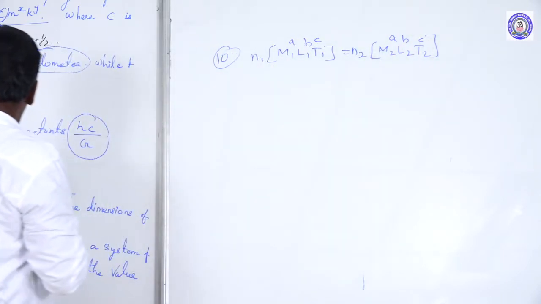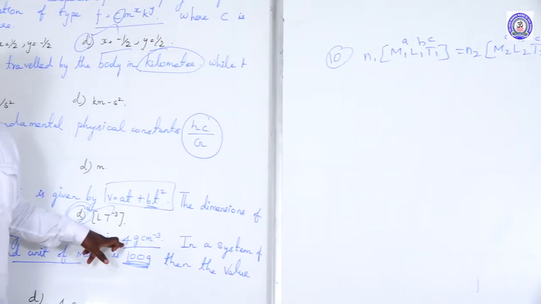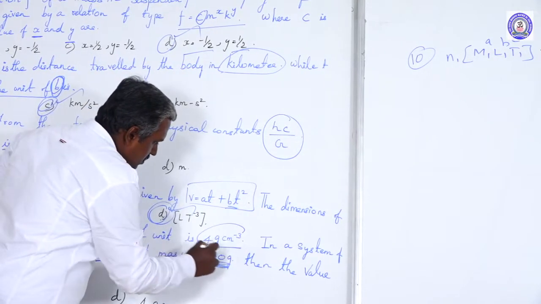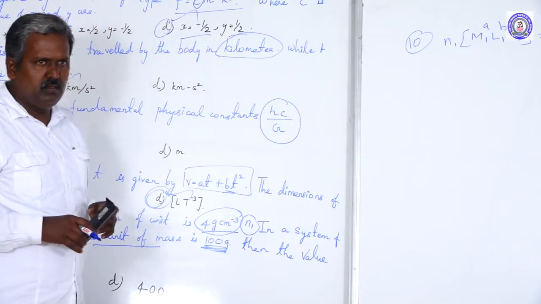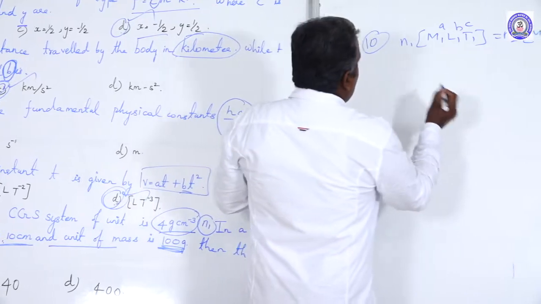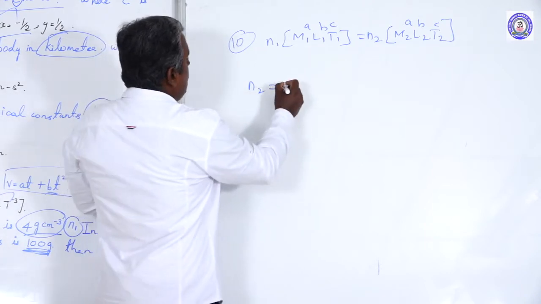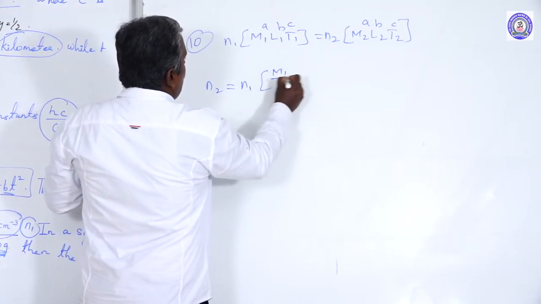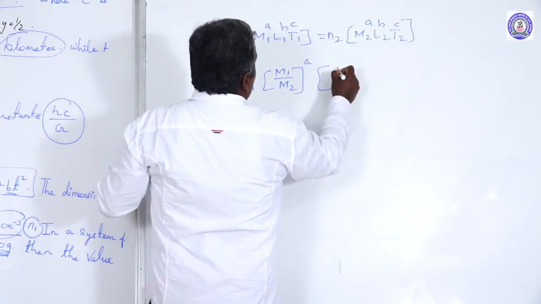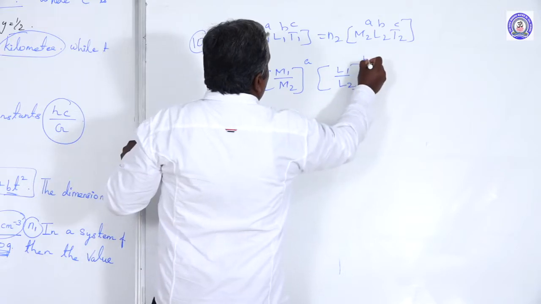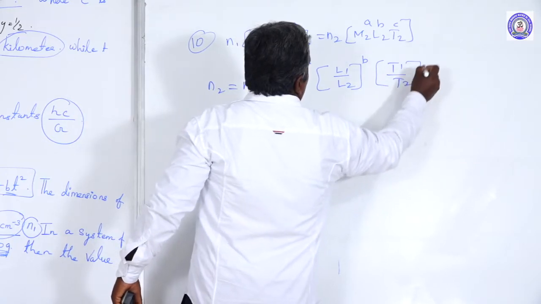Here we want to calculate N2 value. Let us consider this value N1. So you can write directly N2 is equal to N1 of M1 by M2 whole power a, L1 by L2 its power b, and T1 by T2 its power c.